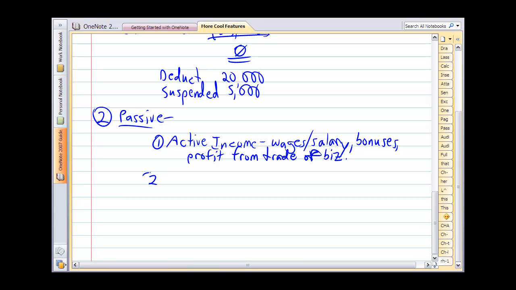Now let's go to portfolio income. I'm writing a little messy here. Forgive me. Okay, so that's pretty obvious.